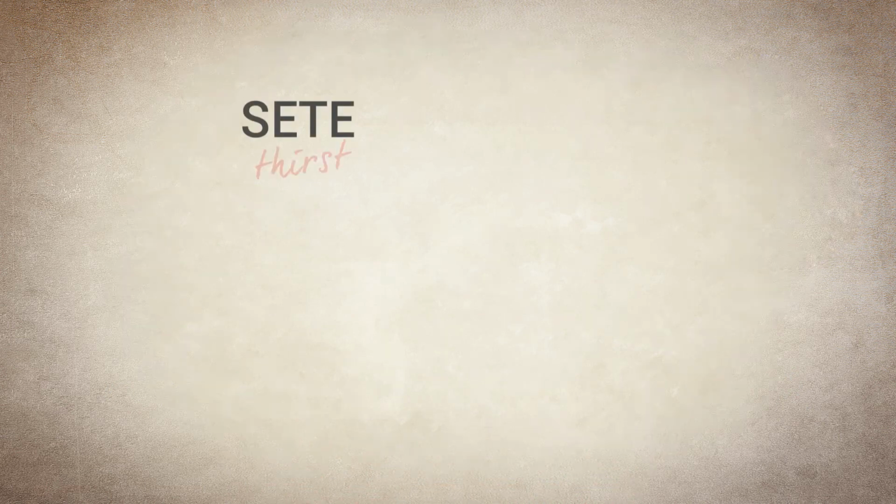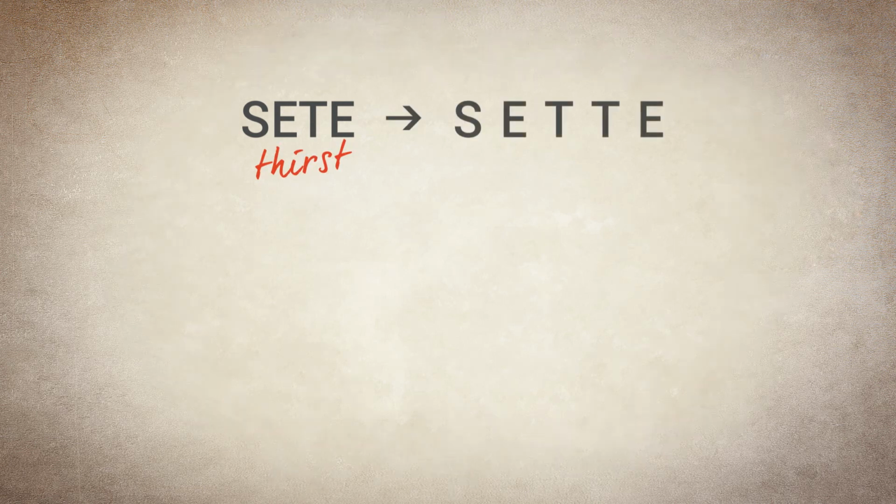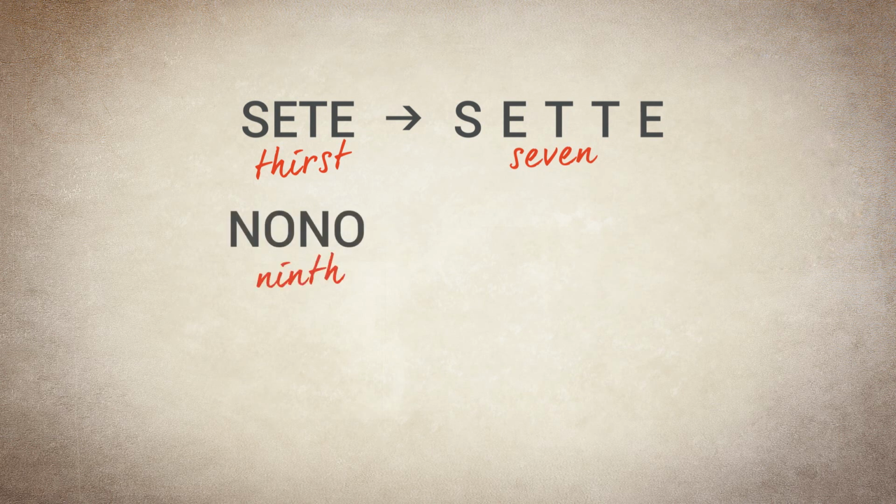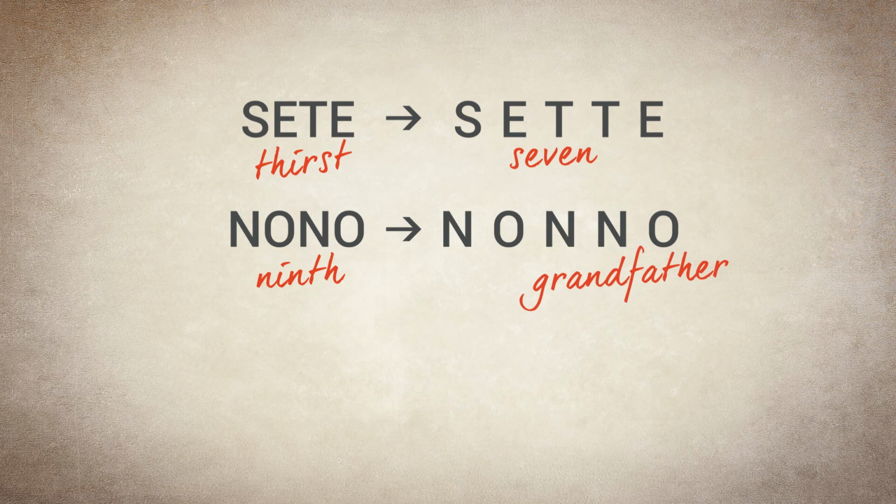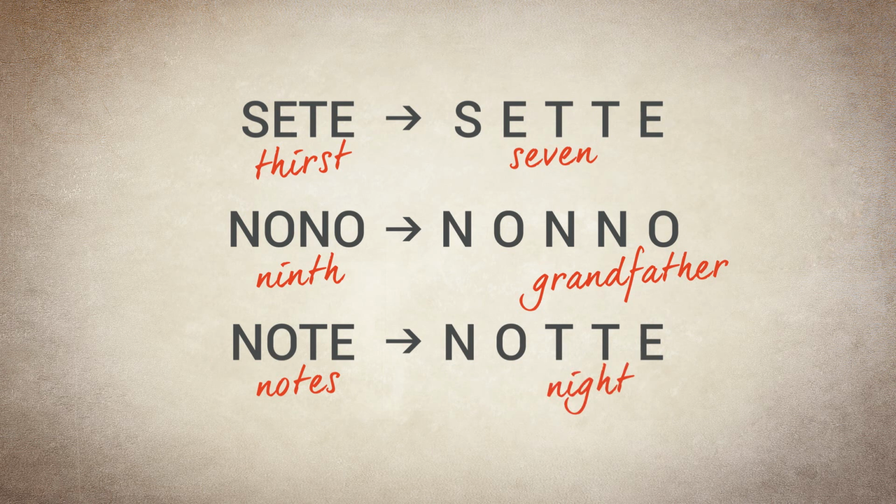Sete, which is thirst, and sette, which is number 7. Or nono, which is 9th, and nonno, grandfather. Note and notte. Be careful with this, because as you see, a single doppia change a meaning of the word pretty much. And that's it for this section.